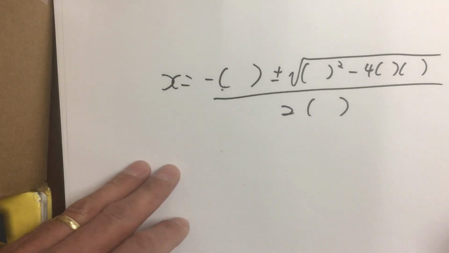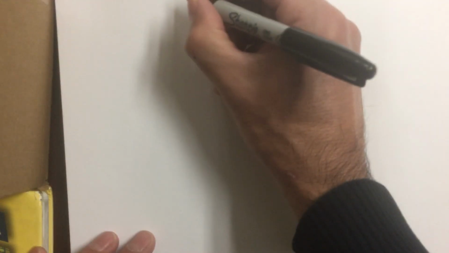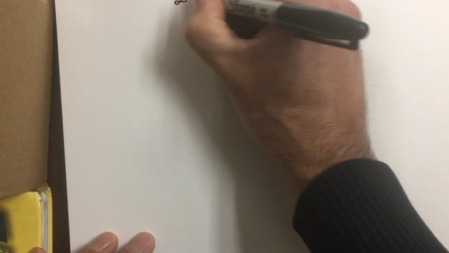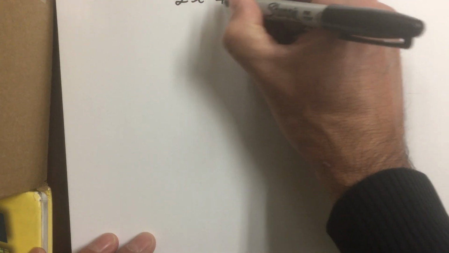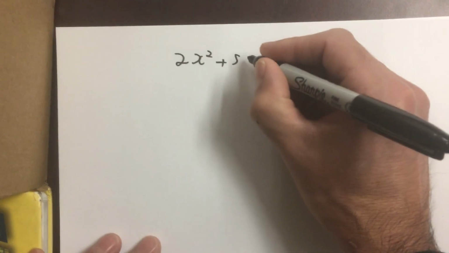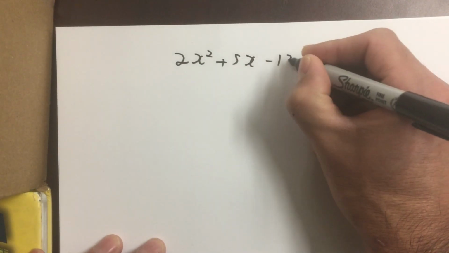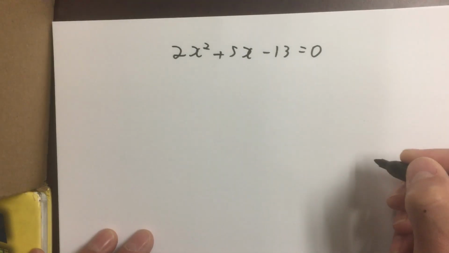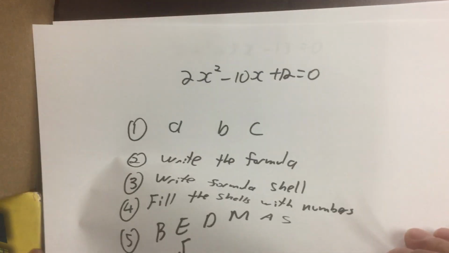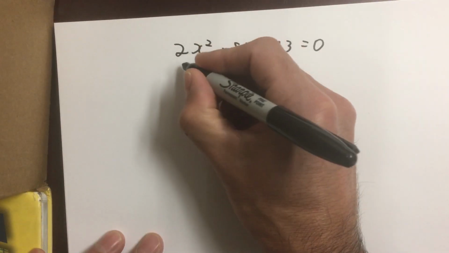I'm now going to go through all those steps a little bit quicker, and I'm going to do an example that would require a calculator because the square root is not going to be as simple. So I'm going to do 2x squared plus 5x minus 13 is equal to 0. Okay. Step 1, ABC.